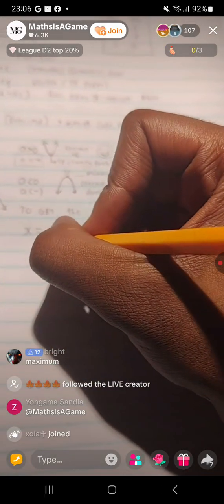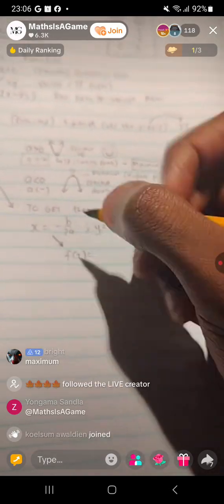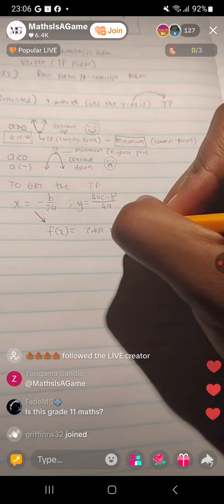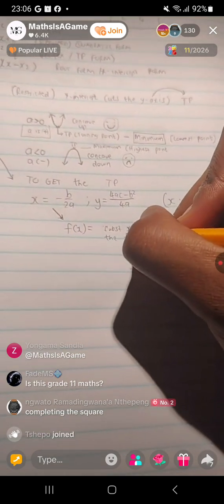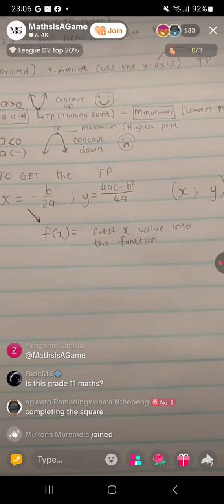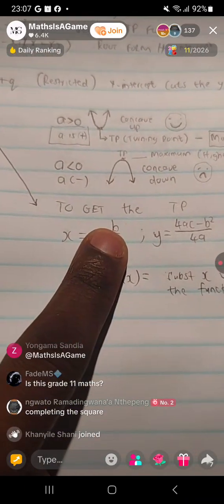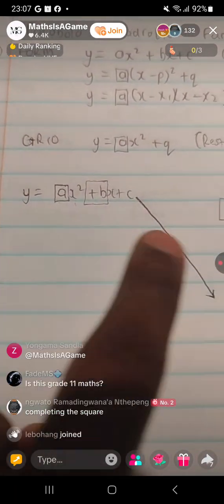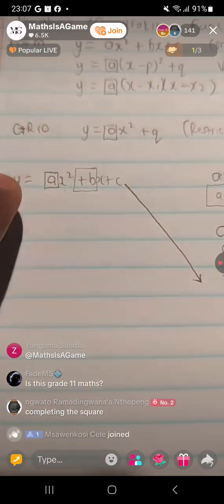Or if you don't want to use that, you can always substitute the x value you get here into the function, and you get the corresponding y value. So this is how we get the turning point of our function if the function is in this form: y is equal to ax squared plus bx plus c.